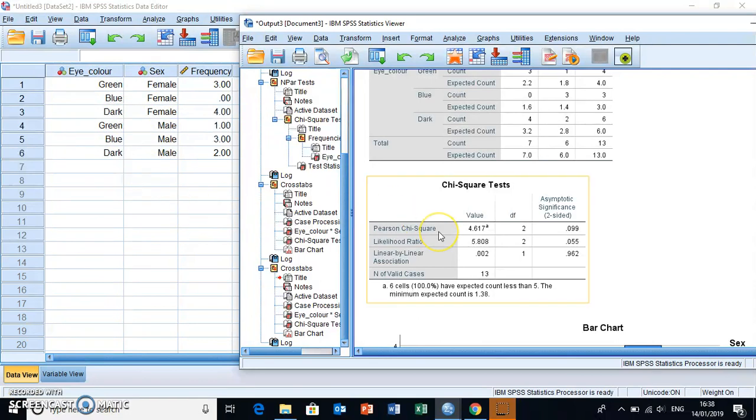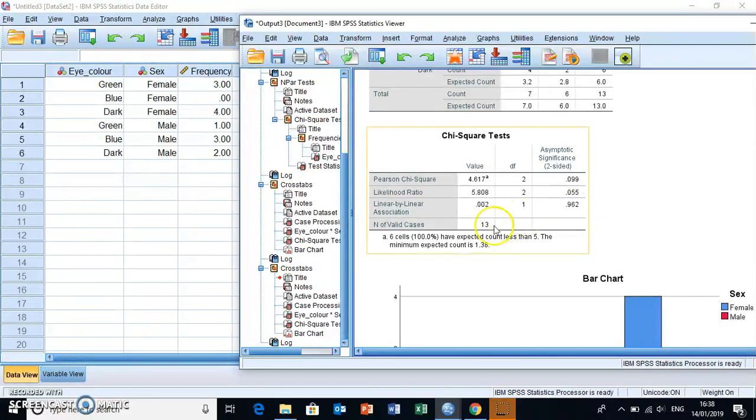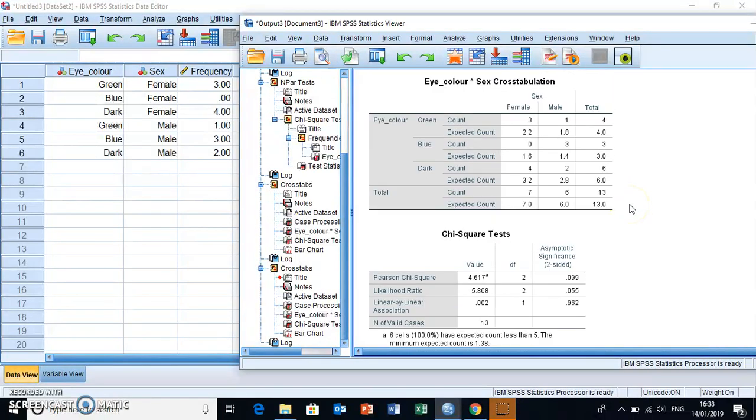Now, one last thing that is important to note is that there is a warning associated with this chi-square test output, which is down here. It says that 6 cells have expected counts less than 5. Now this is a problem because the expected count is calculated using what you've observed.